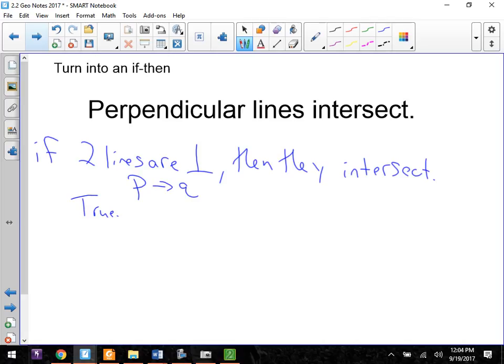So if we flip them, it's called the converse. The converse is taking the conclusion implies the hypothesis. That's why we start with if P then Q, and now it's Q and P. We're just flipping the statement.